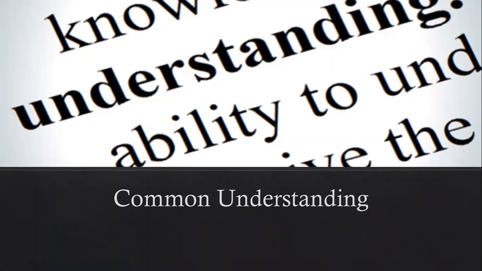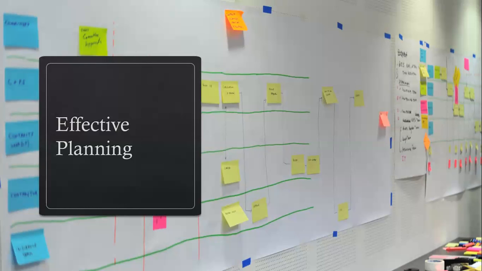A common understanding within the structure ensures that everyone knows where to go, what to do, and how to do it. And when you have that, you have an effective planning mechanism, not only from a waterfall perspective, but from an agile or iterative perspective, when you're running regression tests, running automation tests, and reusing test cases from previous releases to meet new or updated features.